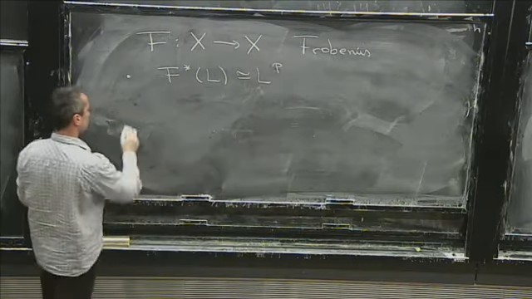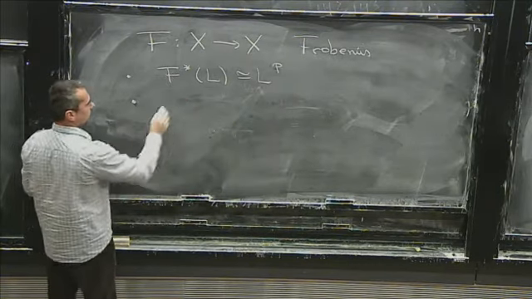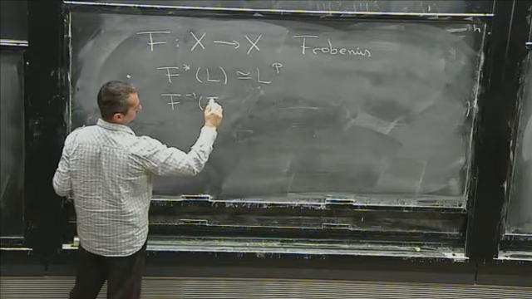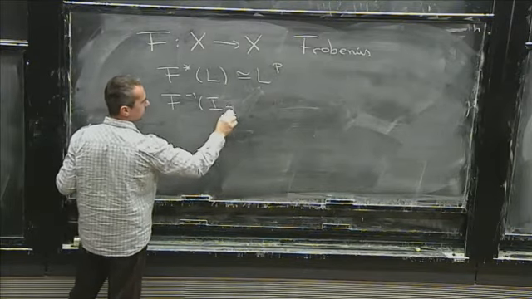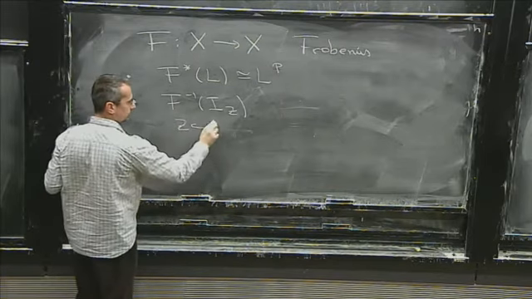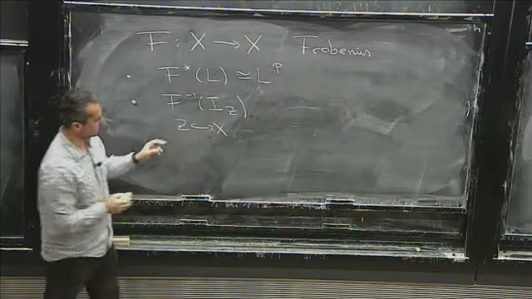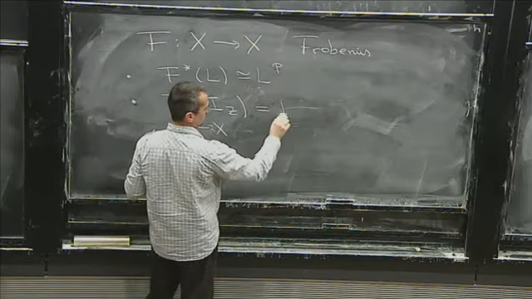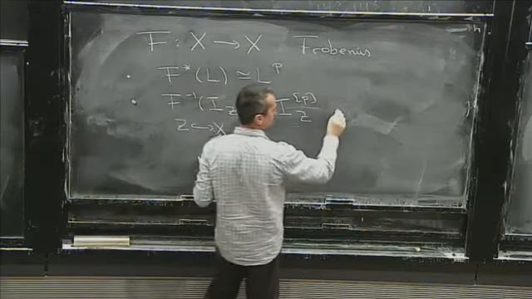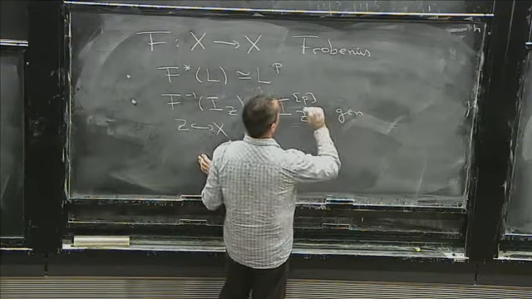Okay, so the second thing is what happens if I pull back an ideal, the ideal defining some subscheme. Then what you get is the ideal that I write I_Z to the p, the Frobenius power of the ideal. This is the absolute Frobenius.